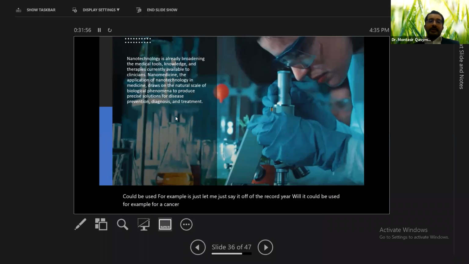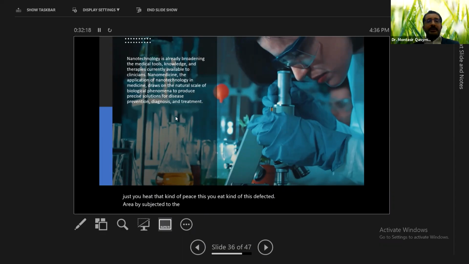This is not my expertise, but all of us know that radiation can be used for the medication of cancer. The principle of radiation is that you heat the defected area by subjecting it to the radiation.